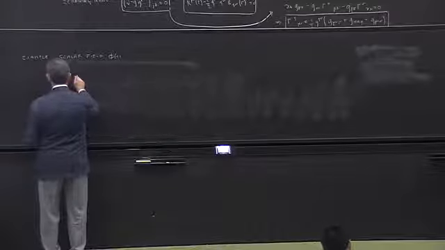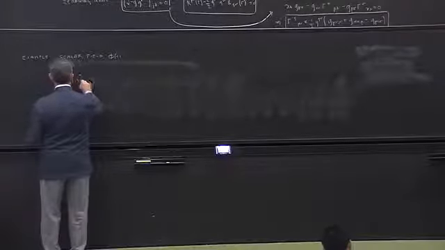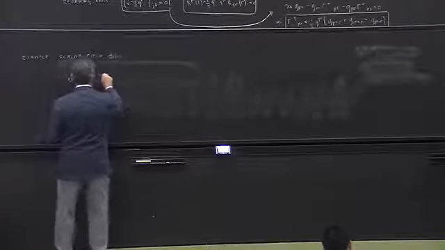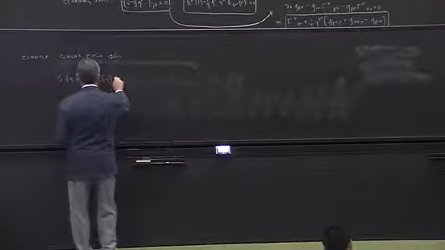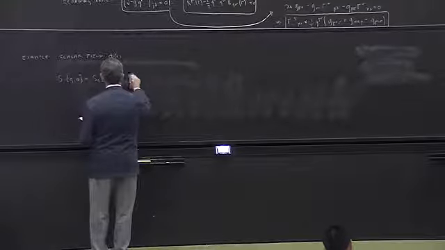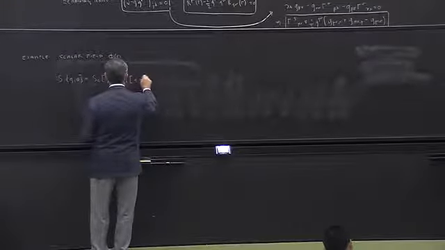S of g and phi will be S_G of g plus S_M of g and phi.